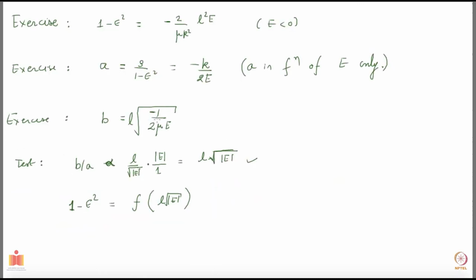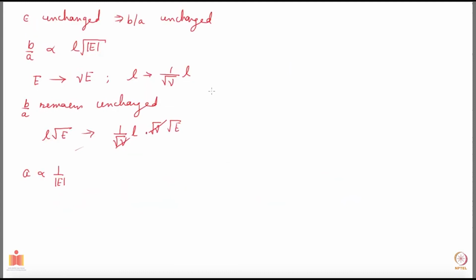Yes, correct. A goes as 1 over mod of E, which means under the scaling I have done, E will become nu times, so A will get scaled by a factor of 1 over nu.